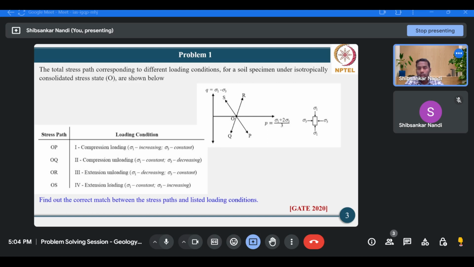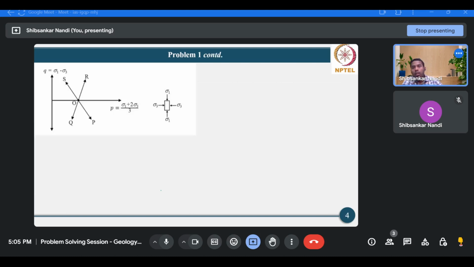Now we have to find out the correct match between the stress paths and the listed loading conditions. So this is the objective of this problem. We'll first start with the basic definition of stress path and we'll move further.